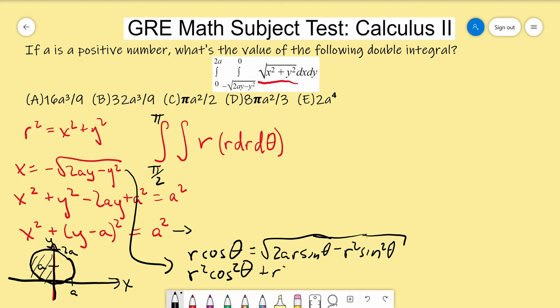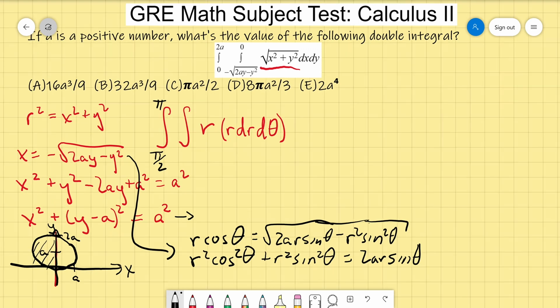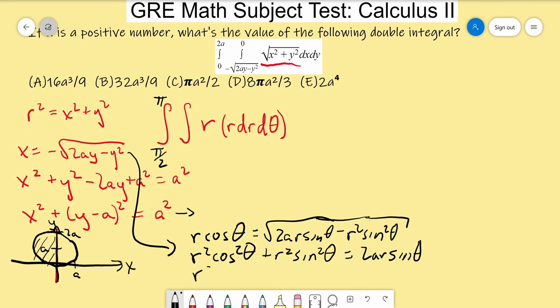So plus r squared sine squared theta equals 2a r sine theta. Well, remember that cosine squared plus sine squared is 1. So this gives us r squared equals 2a r sine theta. The r's cancel out, and we get r equals 2a sine theta. So the limits of integration for r are going to be from 0 to 2a sine theta.